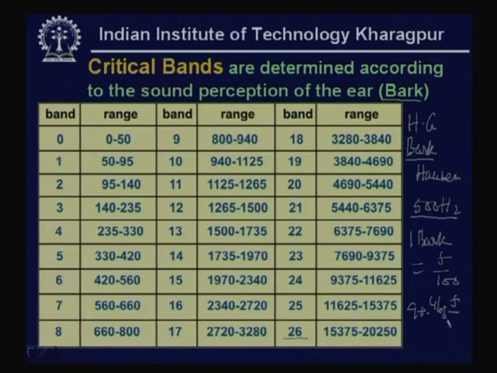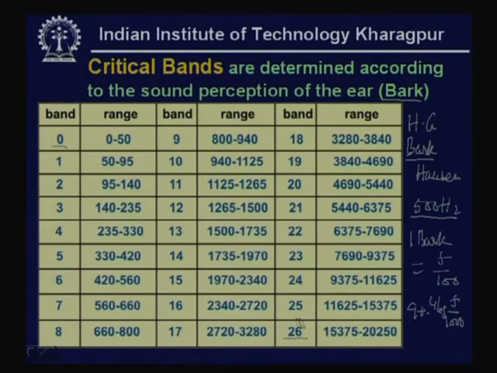f by 1000. So, you see at higher frequencies the frequency range is more in a particular band. So, you see in band 0 it is only 0 to 50 hertz, in band 1 it is 50 to 95 hertz. On the other hand, in band 10 it is 940 to 1125 hertz, in band 19 it is 3840 to 4690.